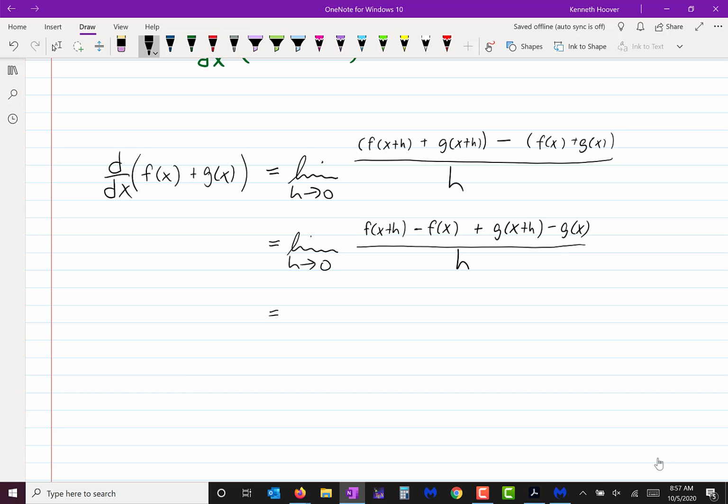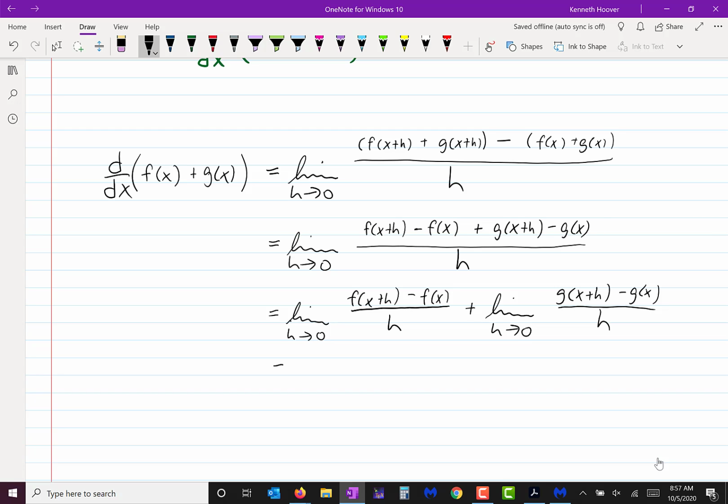And I can break that up into this limit plus this limit, because both of these limits exist, because f and g are differentiable.